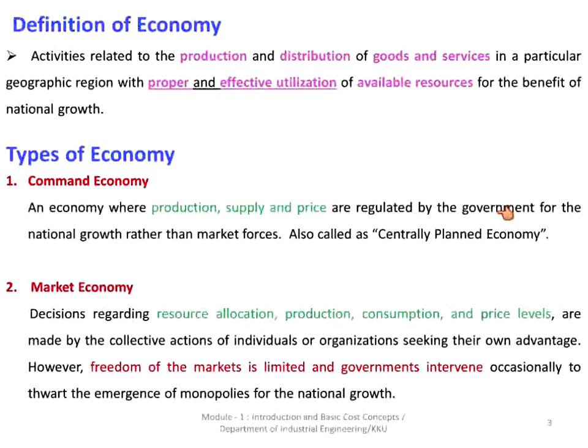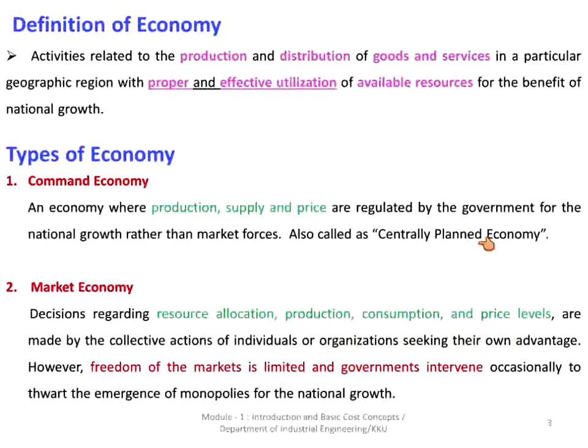The prices, the production output, and the distribution points, everything is decided by the government or regulated. Regulated means controlled by the government. Such kind of economy where the government is involved in production, in supply, and pricing of the products. This is called command economy.